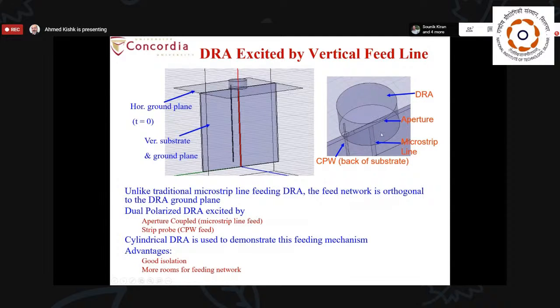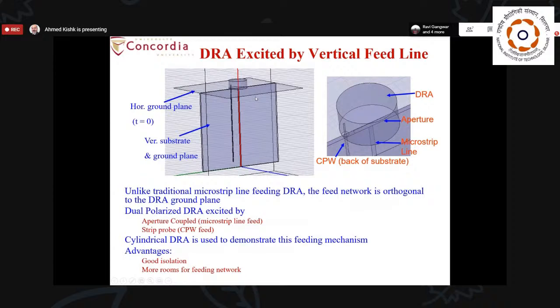You see here, this is the edge of the ground plane that has a substrate, and I have a slot of the width of the dielectric substrate, and here the other line comes from either a microstrip line that can go inside the dielectric resonator, or I can even make it a CPW going all the way to the dielectric resonator. So this is similar to having the slot and the probe type of excitation. This supposedly will give us good isolation.